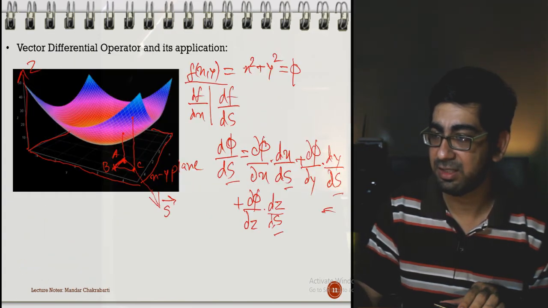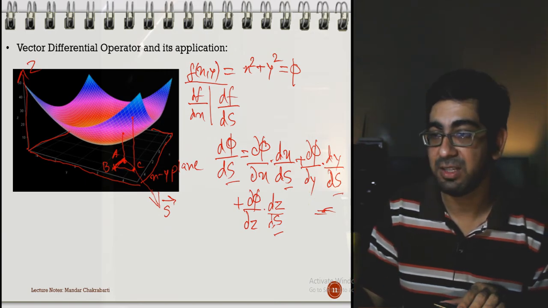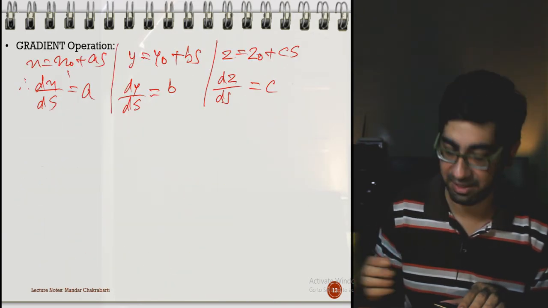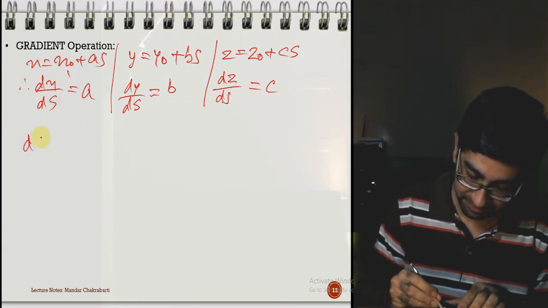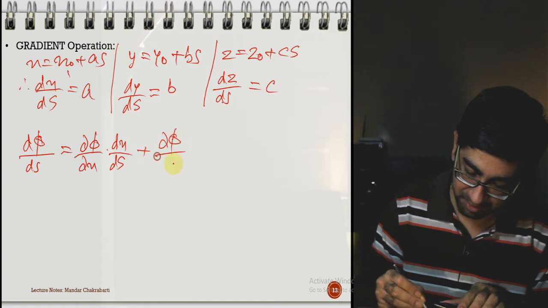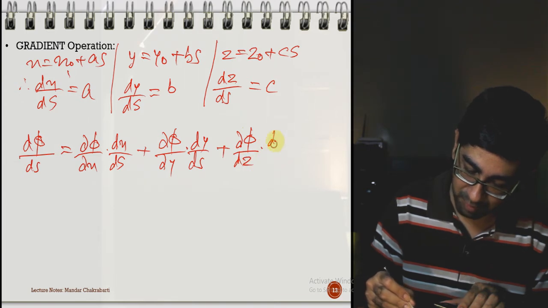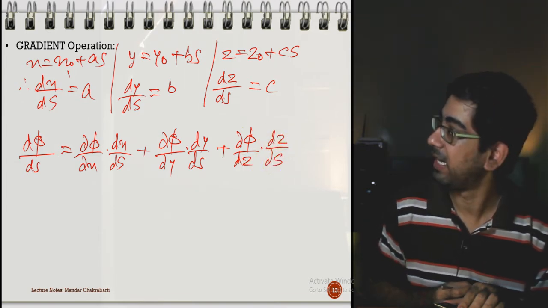Initially, we had considered our original function was this one. So let me write that again for you. The differentiation of phi with respect to s is the partial derivative of phi with respect to x and how much x is changing with respect to s, the partial derivative of phi with respect to y and how much y is changing with respect to s, and the partial derivative of phi with respect to z and how much z is changing with respect to s.